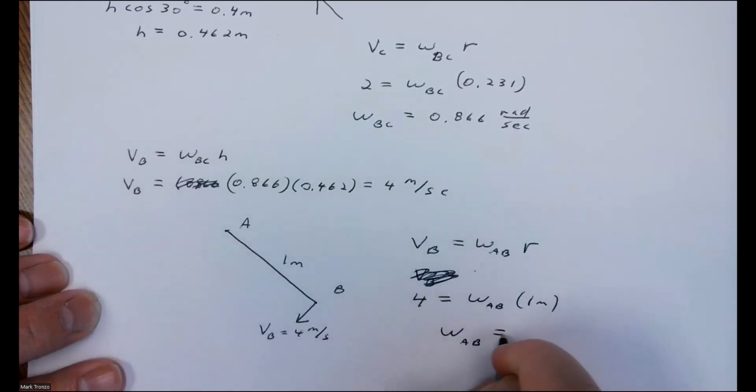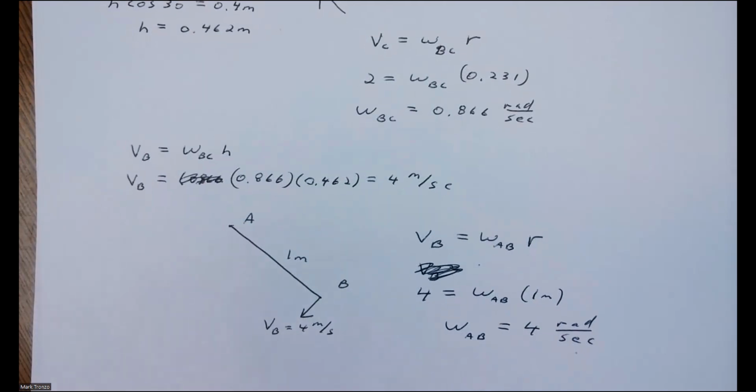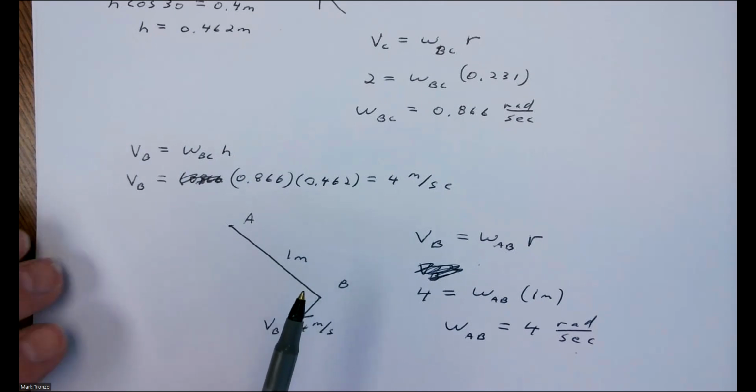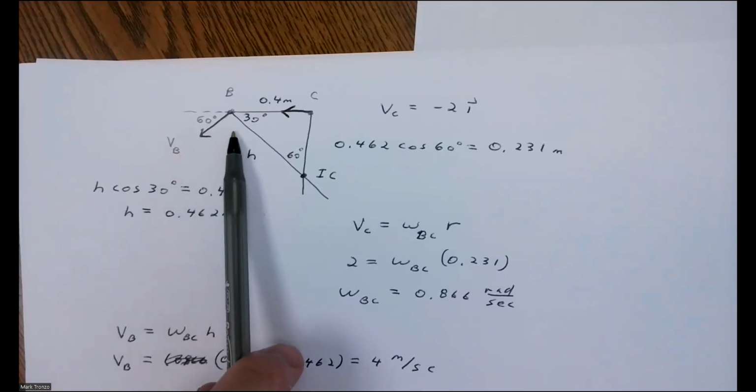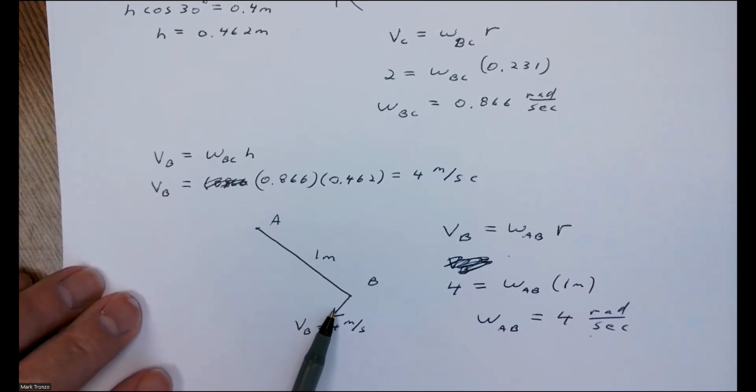And omega AB is 4 radians per second, like that. So again, once we found the velocity of B from link BC, we could use that on link AB to find the angular velocity of AB.